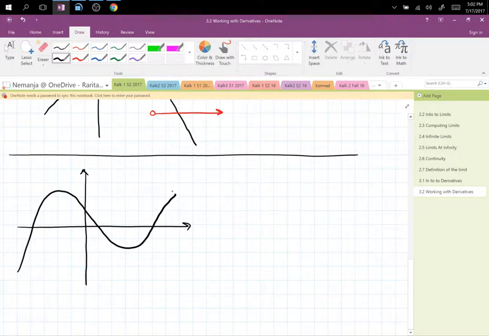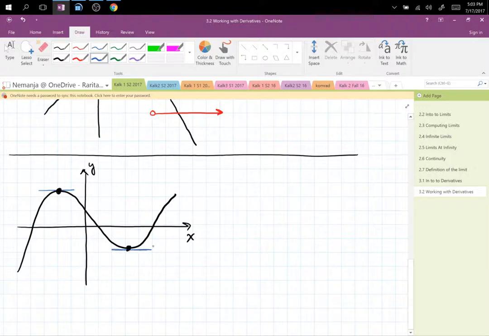So what happens in this case? We start by first figuring out where we have a min and a max, because the tangent line at those values is horizontal.